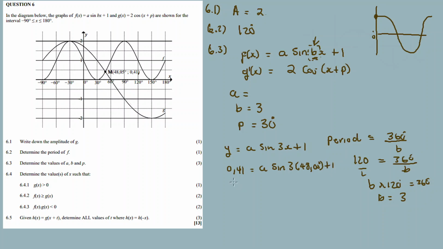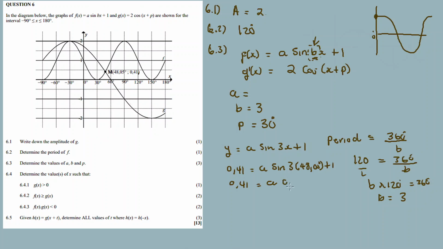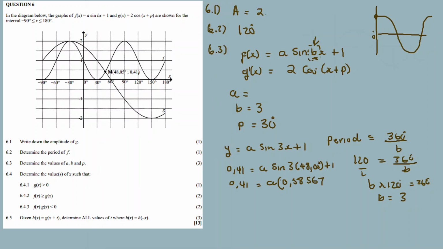So it's 0.41 is equal to a, and then let's calculate this one. The sine 3 open bracket 48,05, ngithola ngayiki, ngithola u0, let's take it to 4 decimal places. About 0,58567 plus 1. Bring the 1 to the other side.